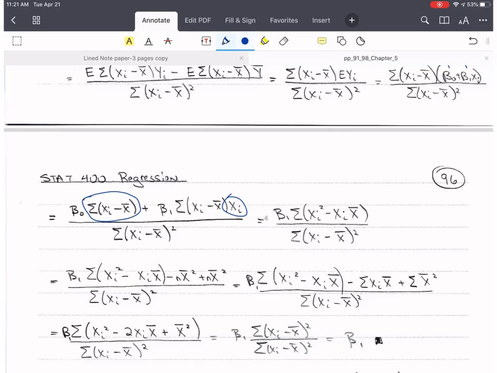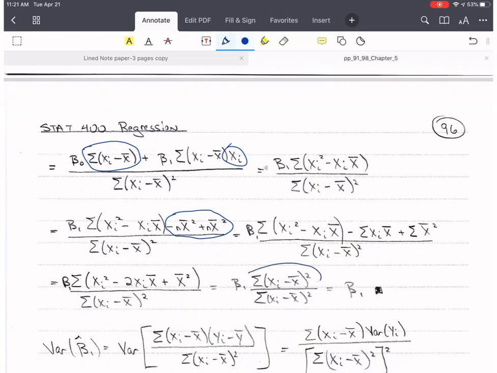So I end up with this quantity, and now I'm going to complete the square using my trick of adding and subtracting n times x bar squared. Okay, and when I do that and rearrange, I end up eventually with the sum of xi minus x bar squared over the sum of xi minus x bar squared, which is the same quantity, all multiplied by beta 1.